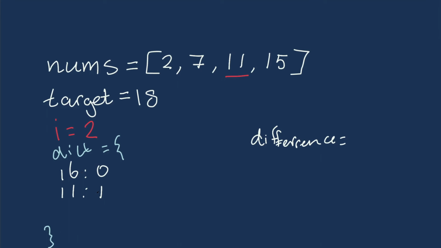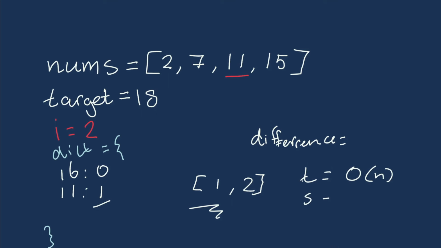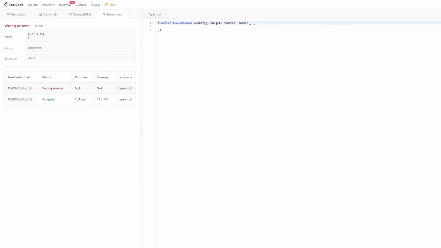Does 11 exist? Yes, it does exist, which returns index 1. So we can return 1 and 2, which is our answer. It turns out that this solution runs in big O of n time as well as big O of n space complexity.